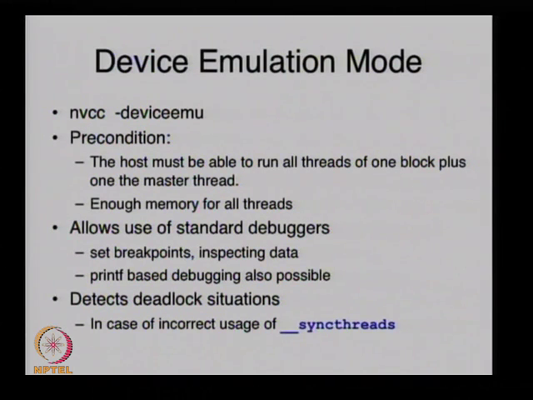Also, there are differences in the hardware, especially in the 1.x hardware. Floating point denorm operations are different from Intel's denorm operations. As a result, if you're doing anything that requires denorm, it is going to be different.